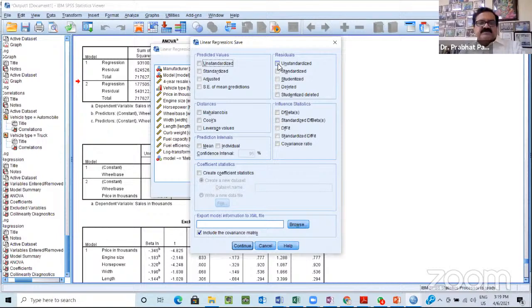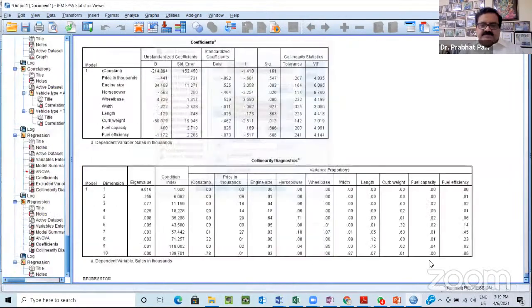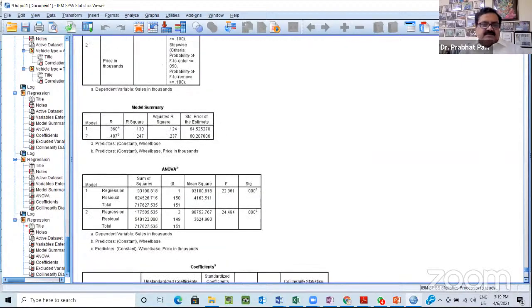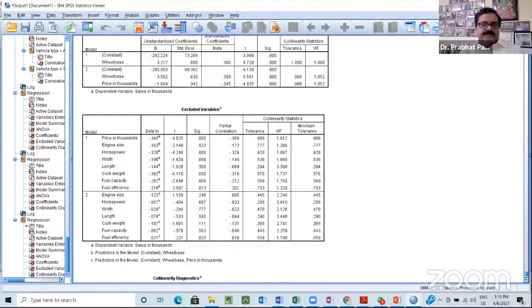So it will give you unstandardized residual error terms, and then you can also check whether the data has any heteroscedasticity or not. And then you get all these results, right? Sir, how to remove outliers from the existing data?